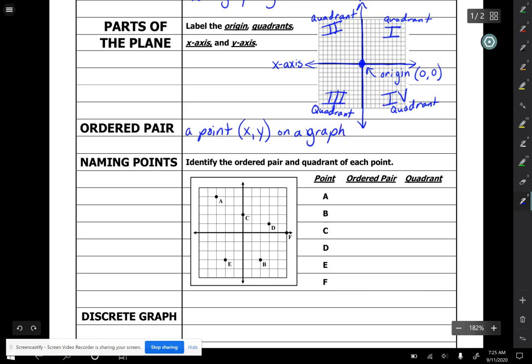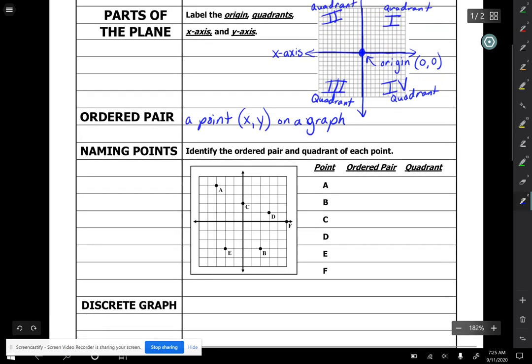Okay, so the first thing we're going to practice is naming these points. So in here, let's see, A is here, and we're going to name it as an ordered pair, okay? If we start at the origin, if we move to the left, that's negative numbers, so -1, -2, -3. We always move to the left first and then up or down.